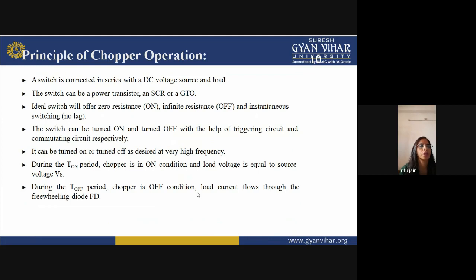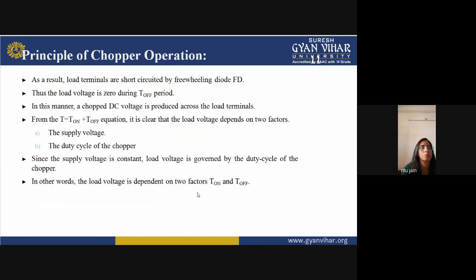Now during the T on period, the chopper is in on condition and load voltage is equal to source voltage Vs. During the T off period, the chopper is in off condition. Load current flows through the freewheeling diode, so we can check in the diagram. As a result, the load terminals are short circuited by the freewheeling diode, so the load voltage is zero during the T off period, and in this manner, a chopped DC voltage is produced across the load terminals.